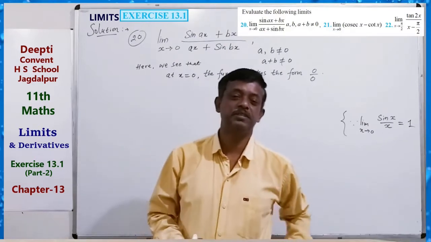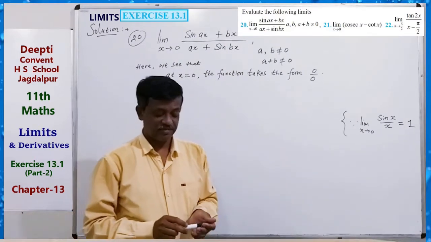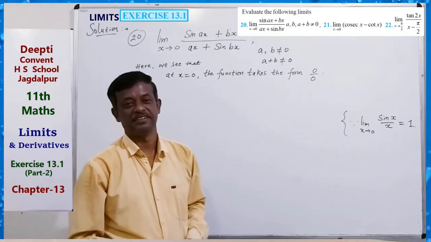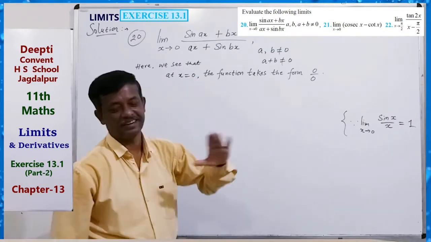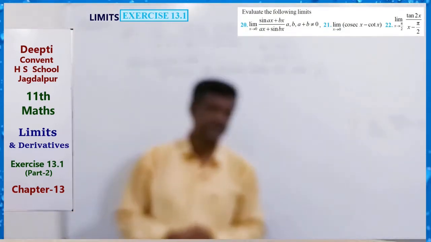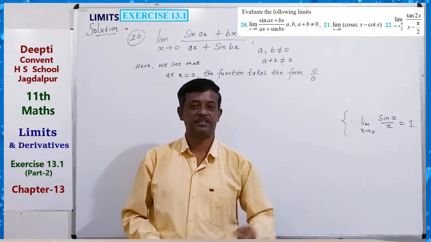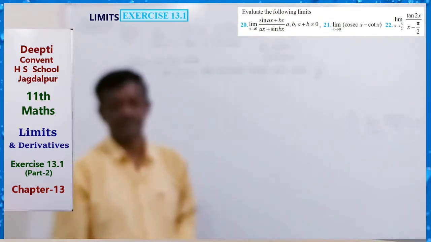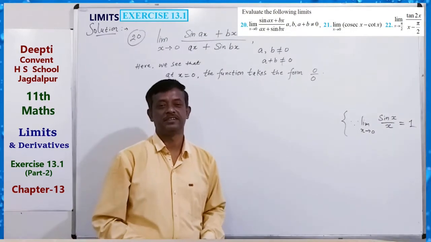Limit finding is very, very important, because for the derivative finally you have to find a limit. This chapter is limit and derivatives. Derivative is what? A limit. So for finding derivatives of some function by first principle method, that is finding a limit.